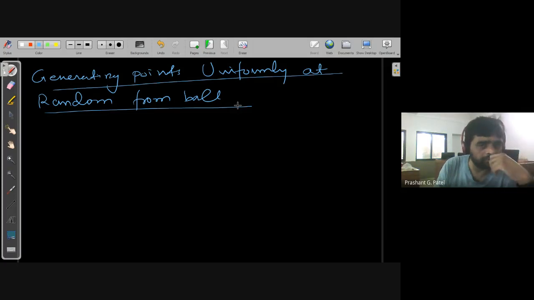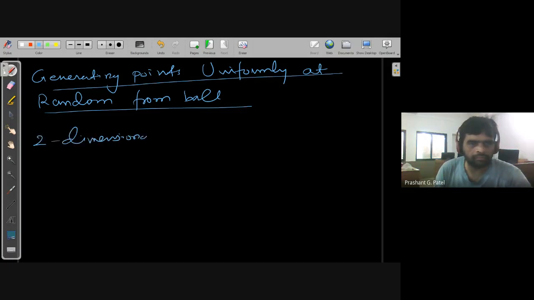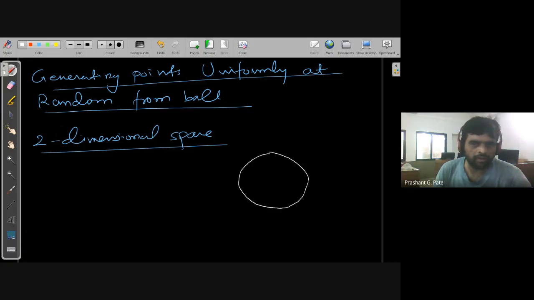For example, if we are in two-dimensional space, if you want to generate a point from the circumference of the unit radius, that means if you are given a circle and I ask you a question, can you generate uniform random points from this circumference of the unit circle?